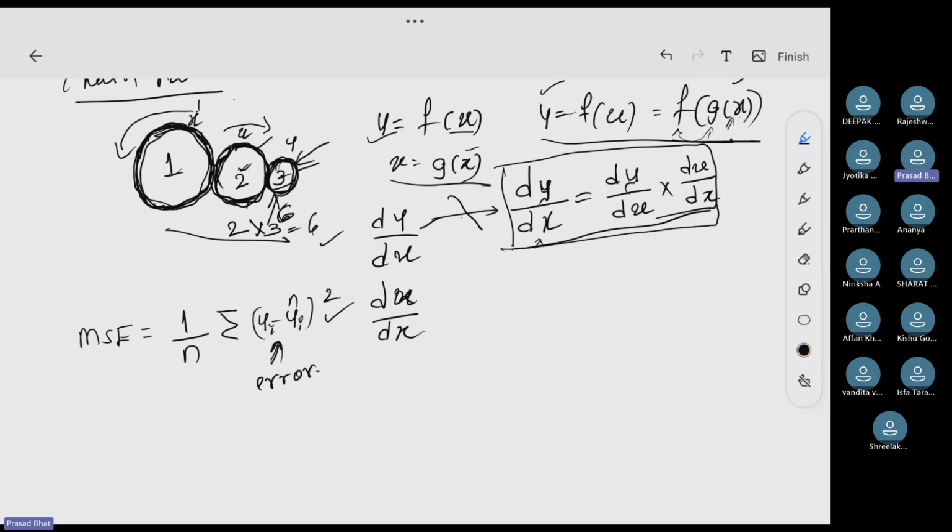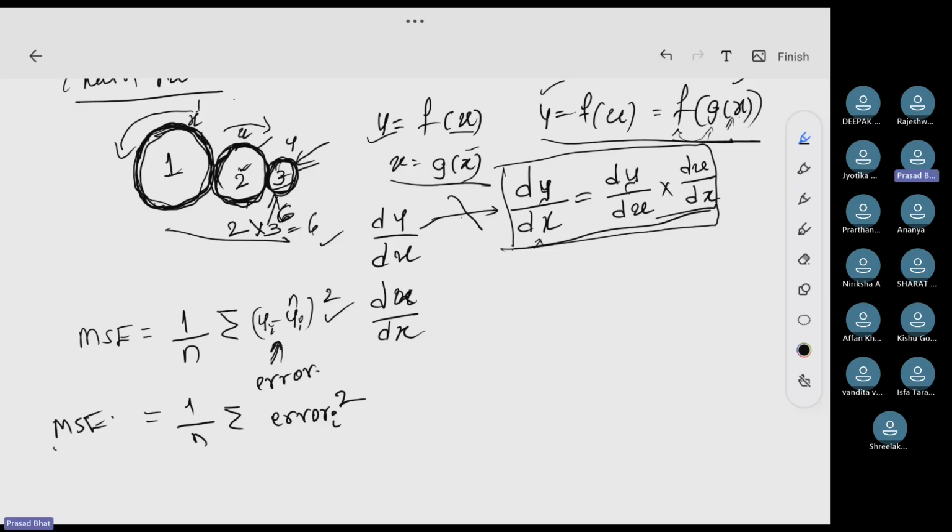So if I write it in a different way, it is 1 by n sigma error square. We can write error i, because for every value of y, there is a value of y cap, right? We are squaring it individually and then summing it up. Can I write like this? This is what MSE is.